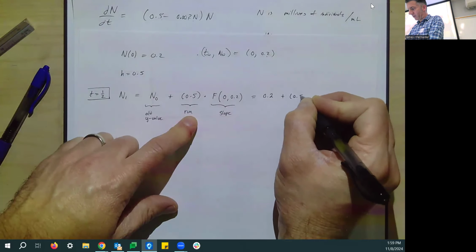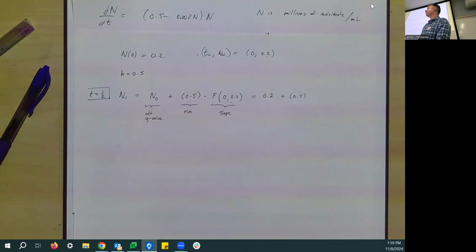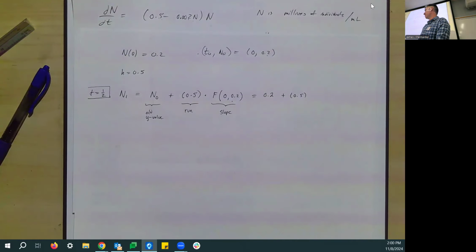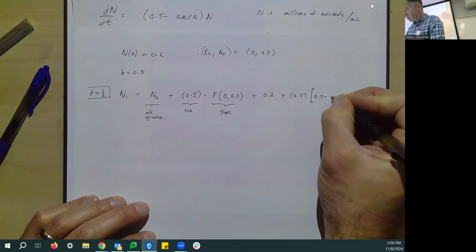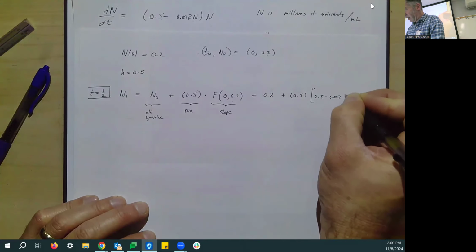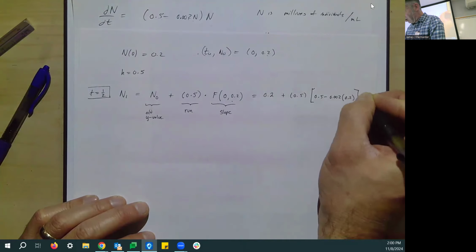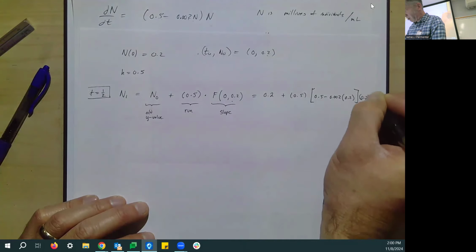0.2? Yeah, I guess so. That feels wrong. n of t is the population size in millions. Okay, but the problem I have here is it's going to be very small. So we're going to get times 0.5 minus 0.002 times 0.2, all times 0.2.